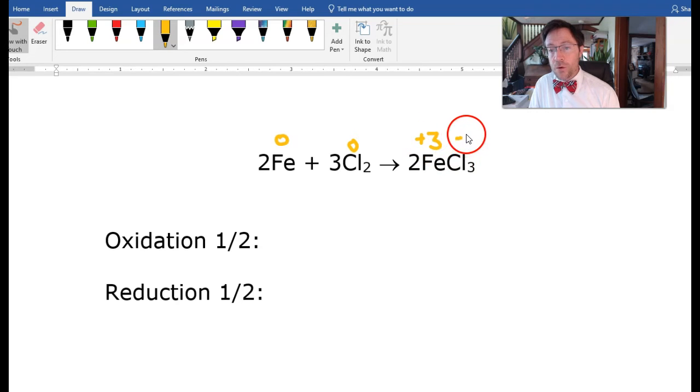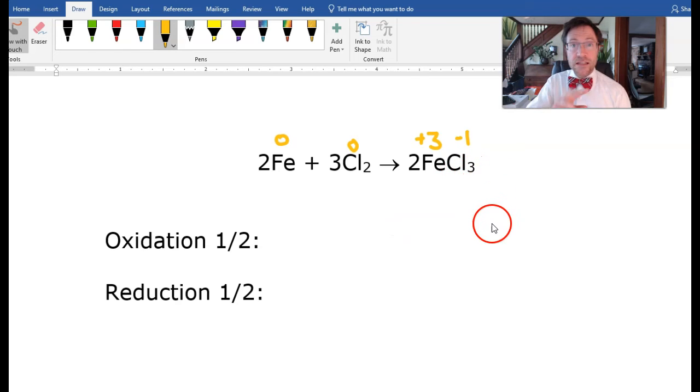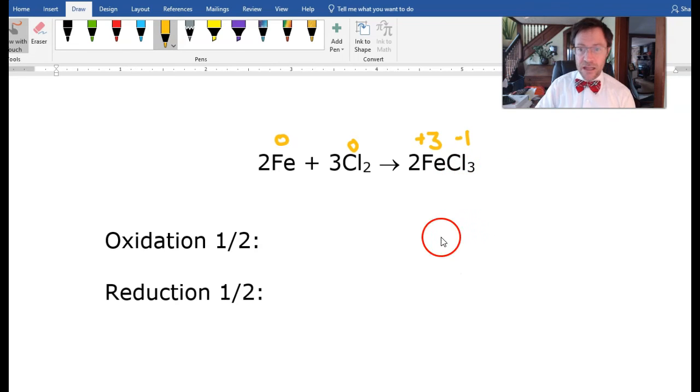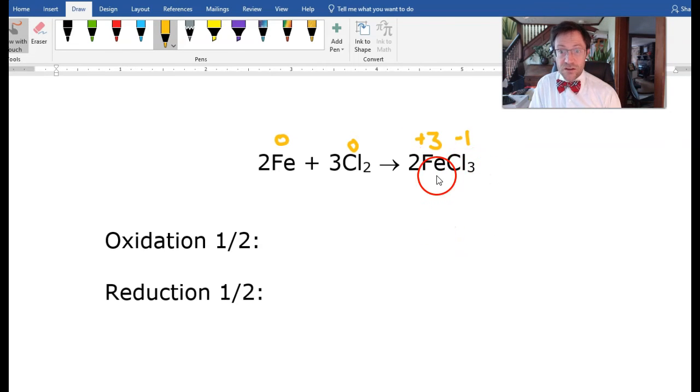Because chlorine is always a -1. There's a couple ways I just thought through this. One, I saw there was a subscript. I did the reverse crossover method thing. And so instead it took that subscript, made it a charge. Also, the other way we do it is if you just think it through this way, the chlorine is over here. So it's always going to be a -1 because that's the only thing it could possibly ever be when it's negative.